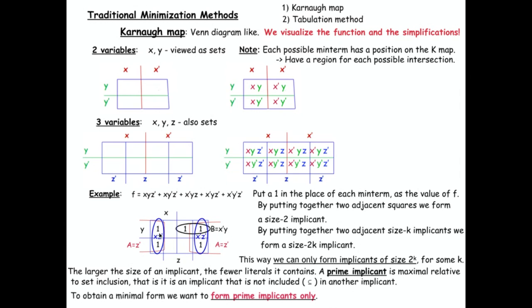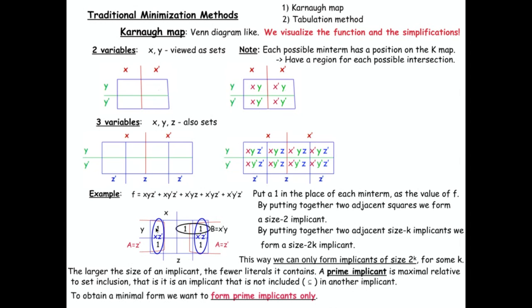So for example, the 2 blue ones, the x z prime and x prime z prime, are fully included in the red implicant, and so those are not prime implicants. But A itself and B are prime implicants because, yes, they intersect a little bit, but they don't overlap completely. So to obtain a minimal form, we want to form prime implicants only.